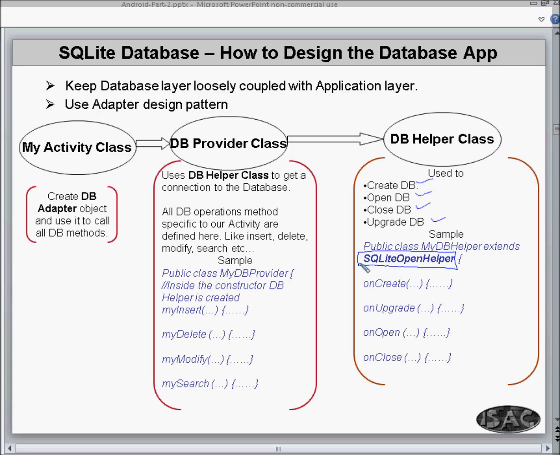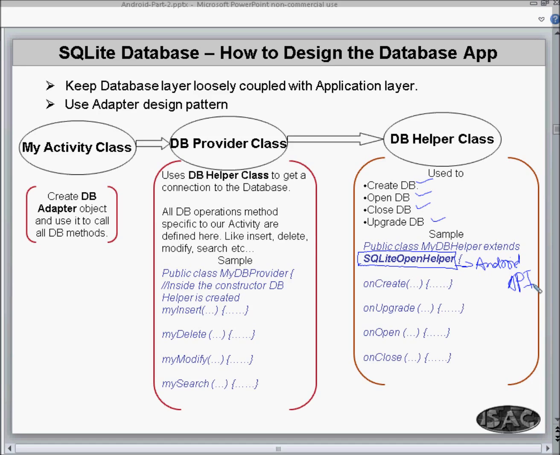This is an Android class. This is an Android API. Inside that there are methods called onCreate, onUpgrade, onOpen, onClose. These are callback methods which get triggered whenever the database is created or upgraded. So in the beginning Android will create a blank database, and then you have to put the logic of creating the tables and everything inside the onCreate method.